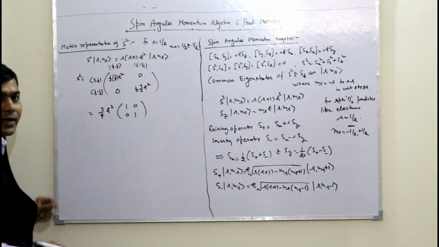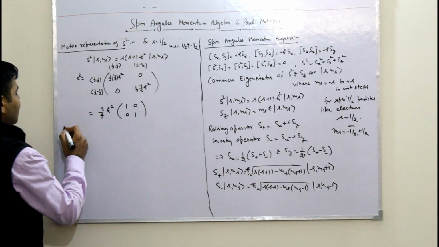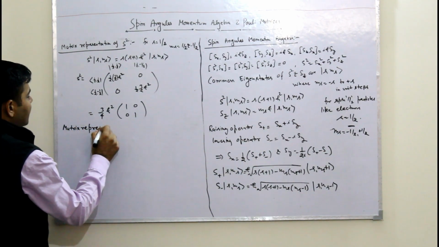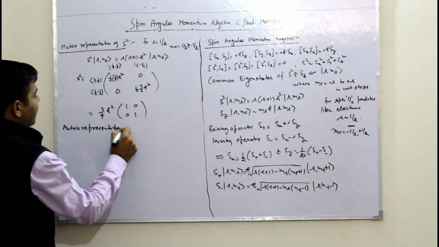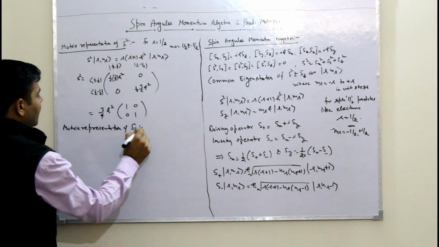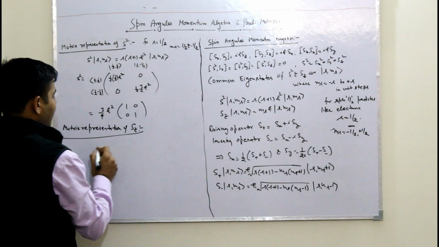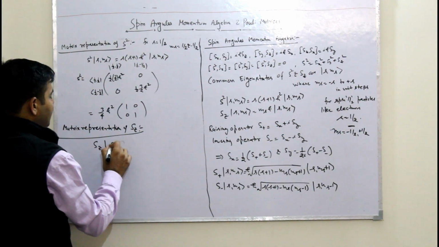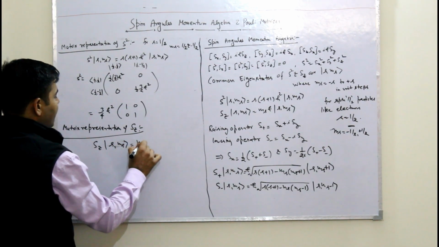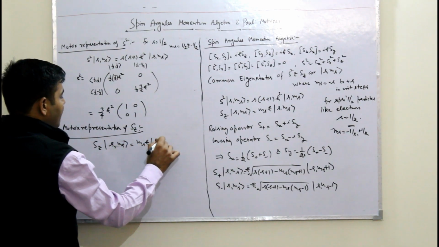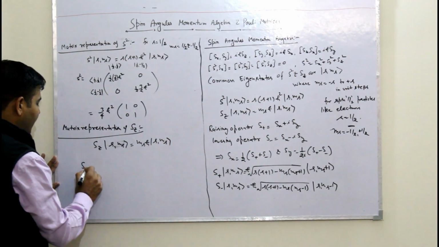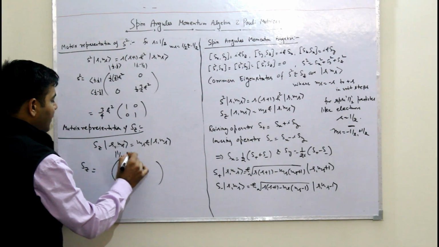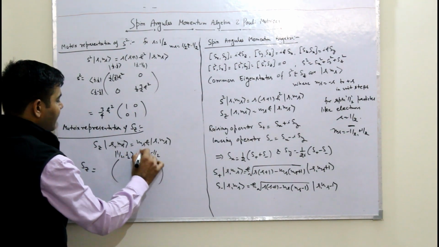Similarly, we can look for the matrix representation of the Sz operator. The Sz operator follows this eigenvalue equation: Sz acting on s comma ms is equal to ms h cross times s comma ms. So again, this will have a diagonal matrix. The states are half, half, and half, minus half.